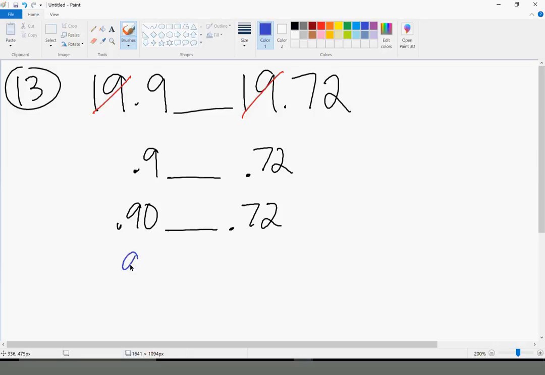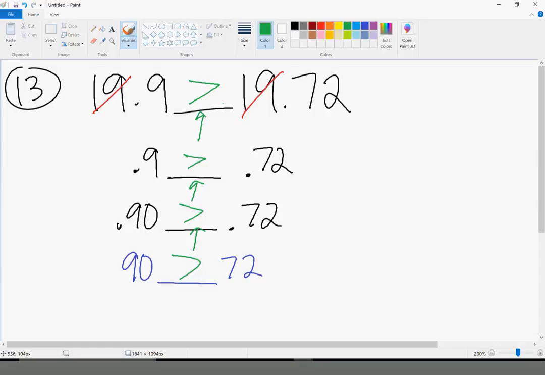Now you just look at it as 90 and 72. So 90 is greater than 72. So that means that 0.90 is greater than 0.72, which means that 0.9 is greater than 0.72, which means that 19.9 is greater than 19.72.